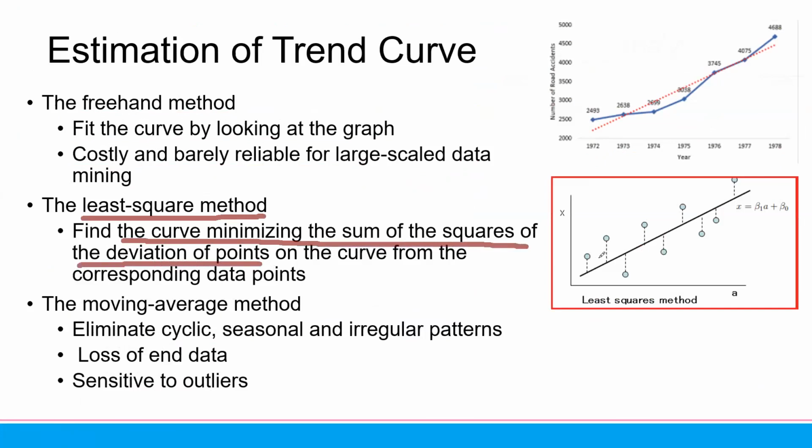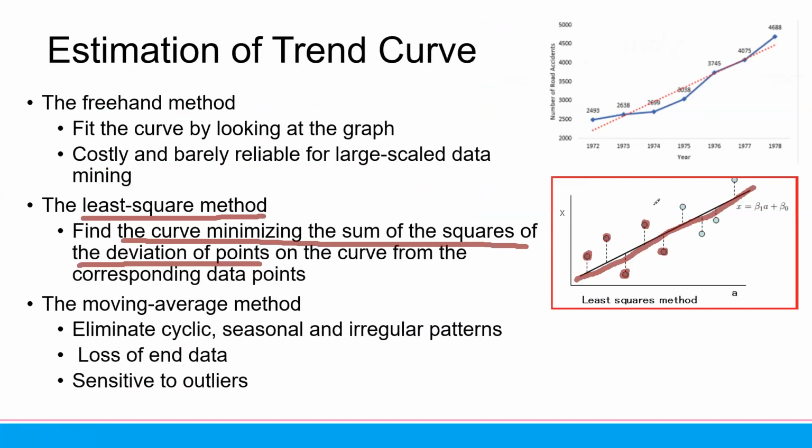So if we have the points, this is the actual data, this is the actual data, this is the actual data, and let's suppose I have this line. So I know that this line can resemble every one of the actual data.